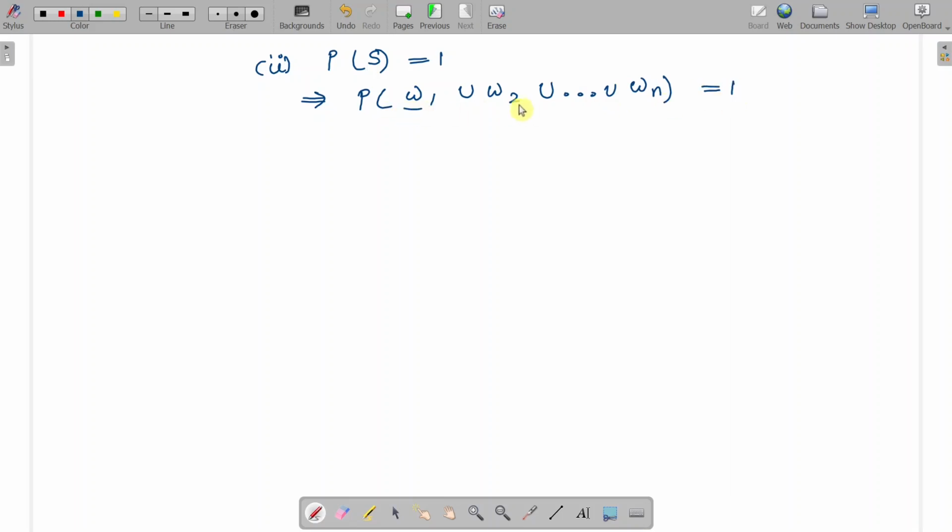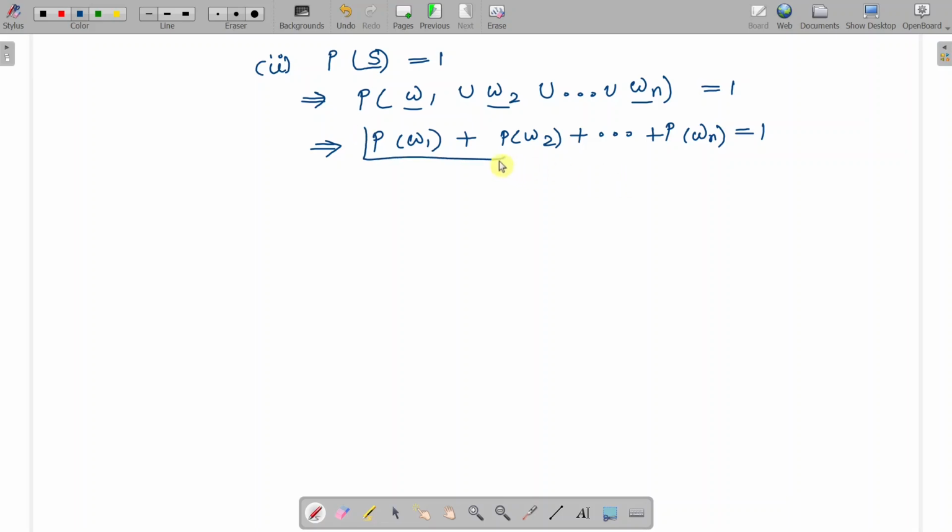Now, these are mutually exclusive sets, so omega 1 union omega 2 up to union omega n will be nothing but S. So this implies probability of omega 1 plus probability of omega 2 up to probability of omega n is equal to 1. Why am I getting this? Because all these sets are mutually exclusive.